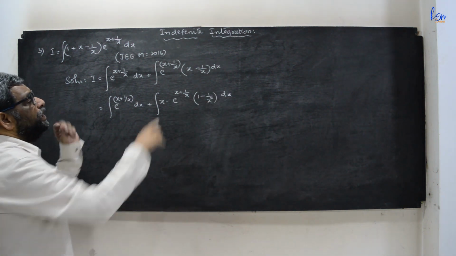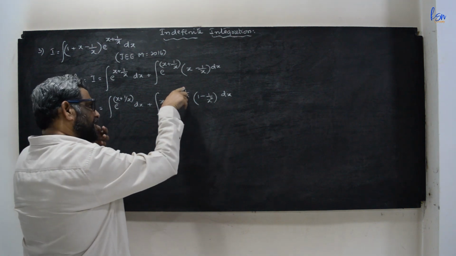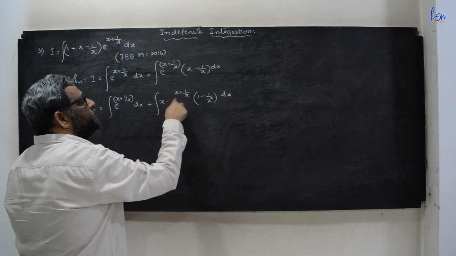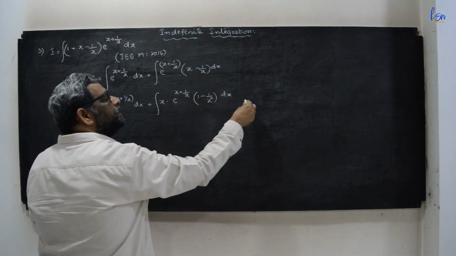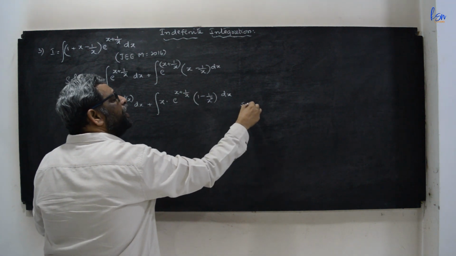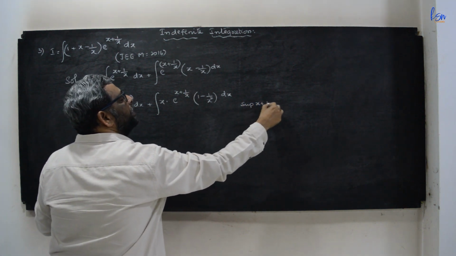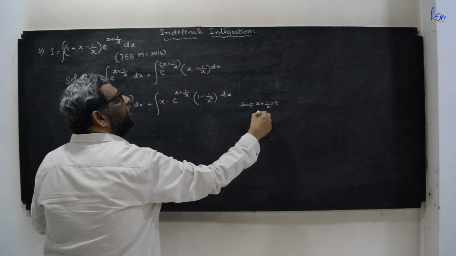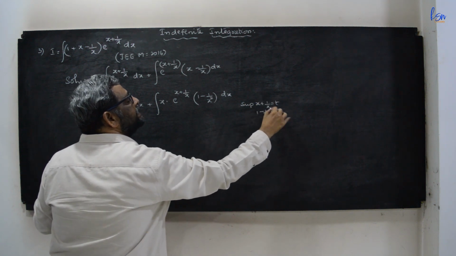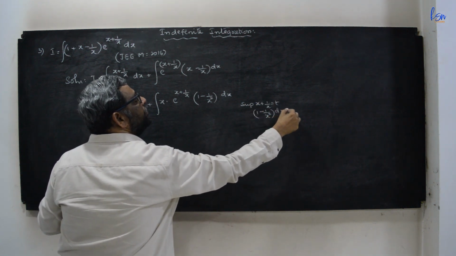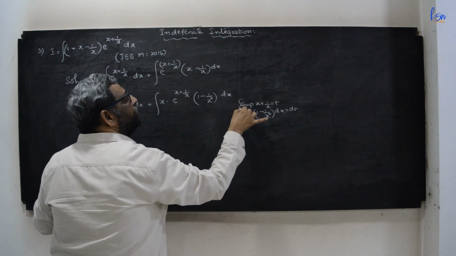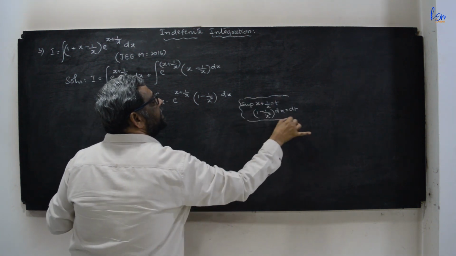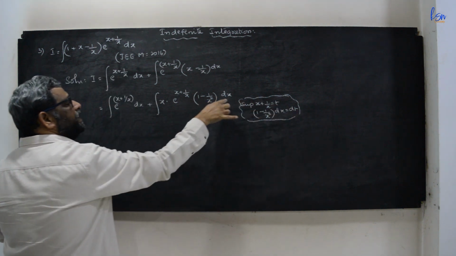Now if you take x plus 1 by x as t, then this will become e power t, and (1 minus 1 by x square) dx is equal to dt. So with this supposition this is e power t dt.